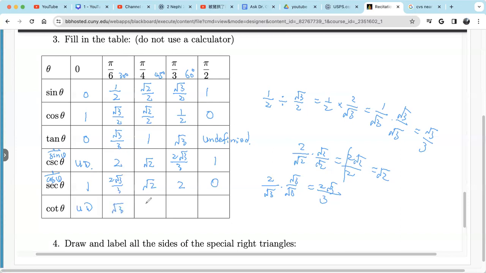That's radical 3. 1 over 1 is 1. 1 over radical 3 is radical 3 over 3. Then cotangent pi over 2, we can think of cotangent as cosine over sine. Cosine pi over 2 is 0. Sine pi over 2 is 1. 0 divided by 1, that's 0. Okay, so that finishes this table.